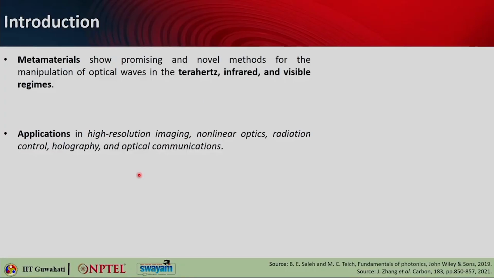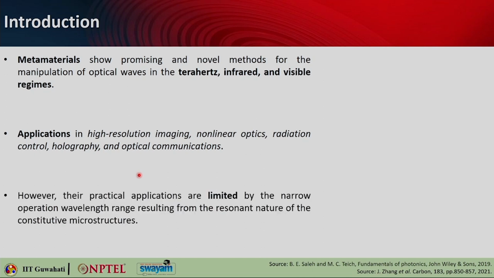Different effects can be obtained from metamaterials. Now, what are the applications? The applications are typically in the areas of high resolution imaging, nonlinear optics, radiation control, holography, optical communication and so on.